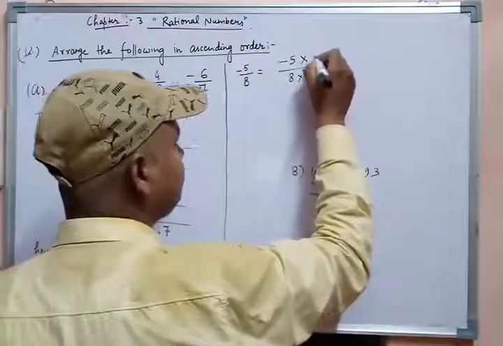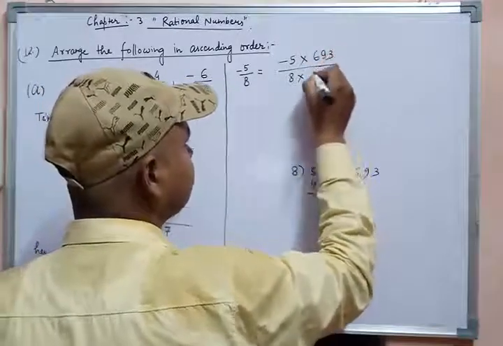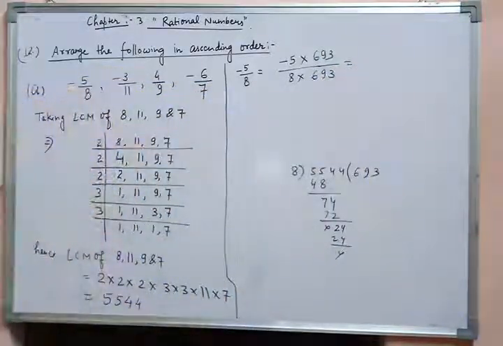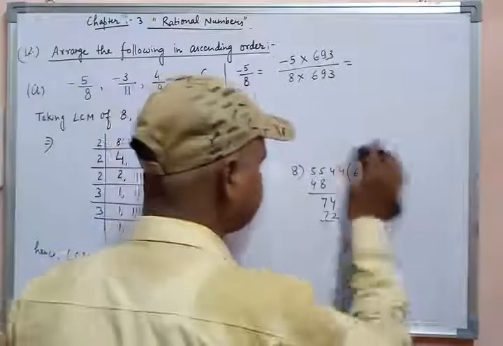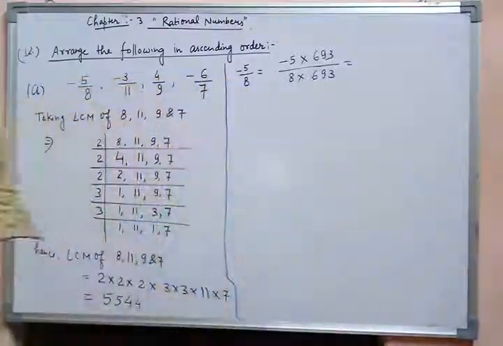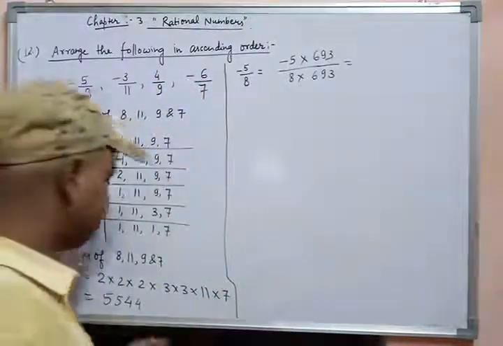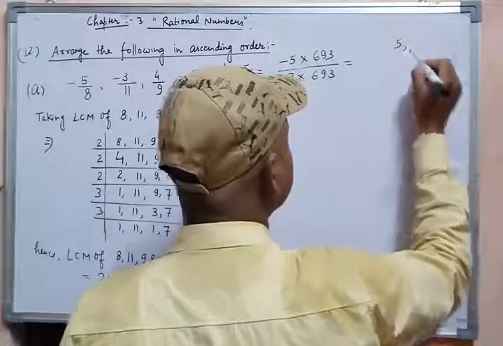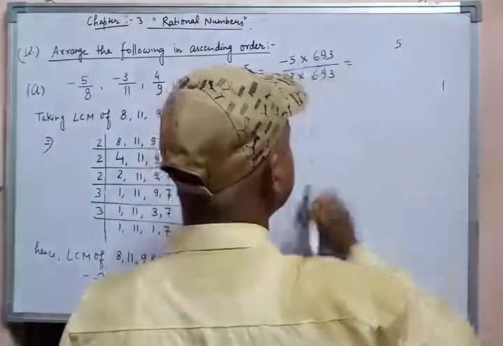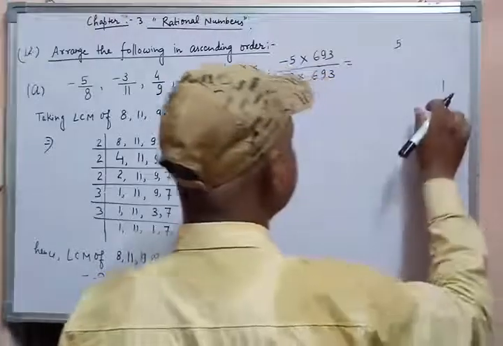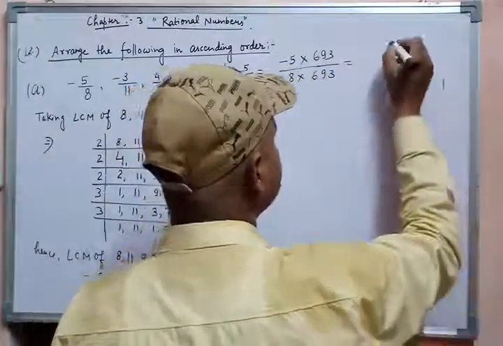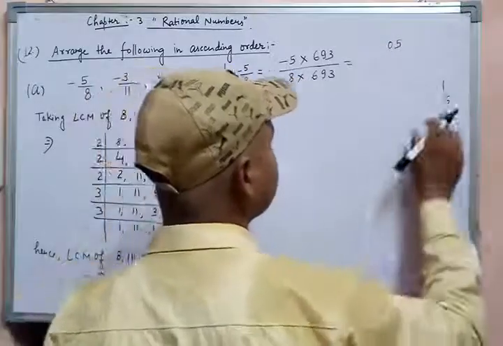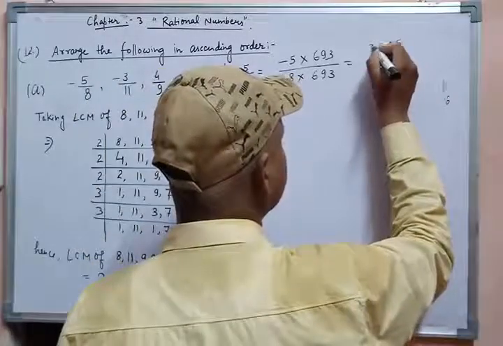Now if we multiply 5 by 693, then we will get the numerator as 3465.